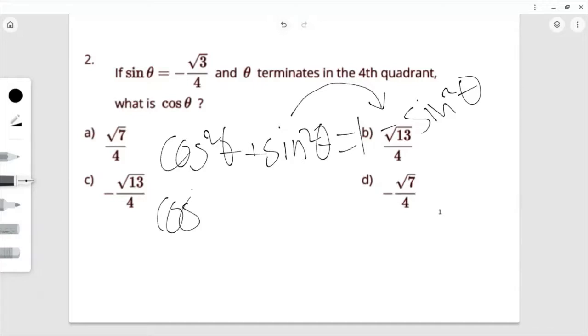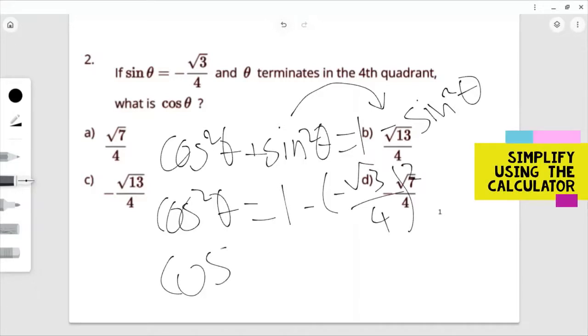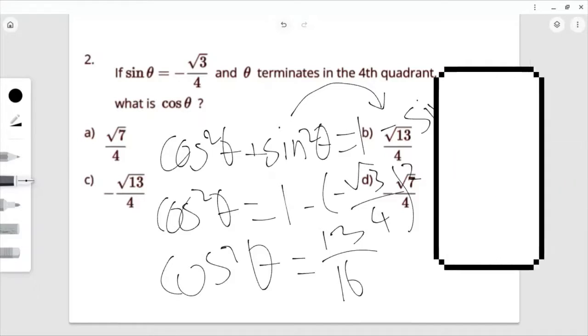So here you're going to put 1, minus sine in a bracket, squared. You're going to put this in your calculator and you're going to get 13 over 16.